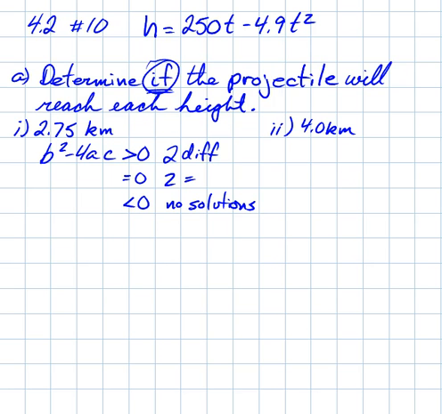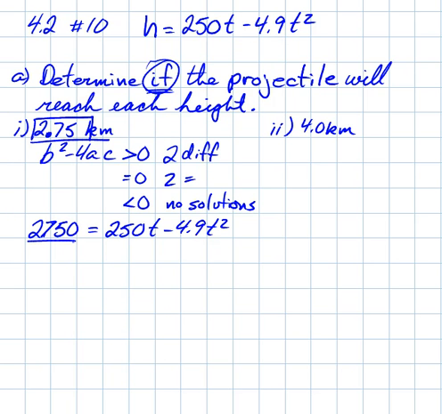So let's see what happens in this case. So you'll see that I've put in the 2.75 kilometers in here, but I've changed it to 2,750. Why? Well, because in the question it says that the height was measured in meters. So we had to convert the 2.75 kilometers to 2,750 meters.